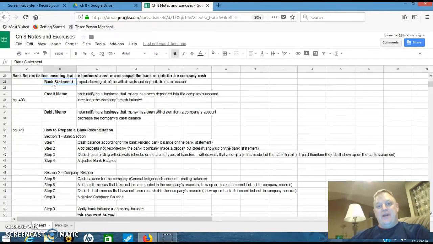Make sure that you read those, you understand those, and actually memorize them, because that will help you with the bank reconciliation process. On the bottom of page 408, it also talks about the abbreviations and what those abbreviations mean on the bank statements. So take a look at those just so you're familiar with them.